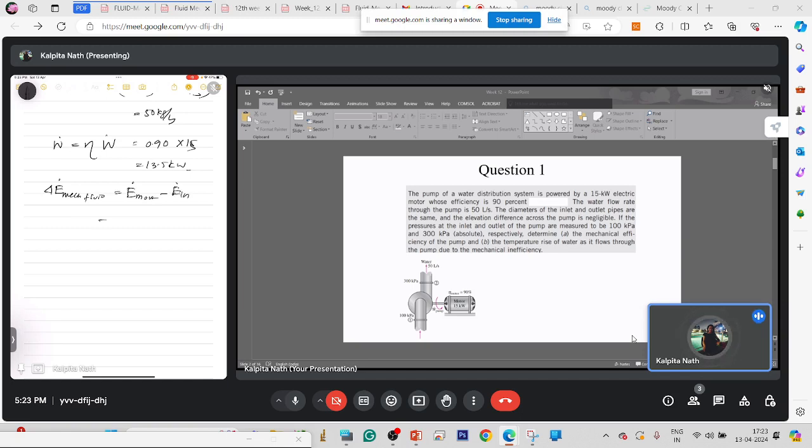Right. So this is equal to m dot (P2 upon rho plus V2 square upon 2 plus GZ2) minus m dot (P1 upon rho plus V1 square upon 2 plus GZ1).